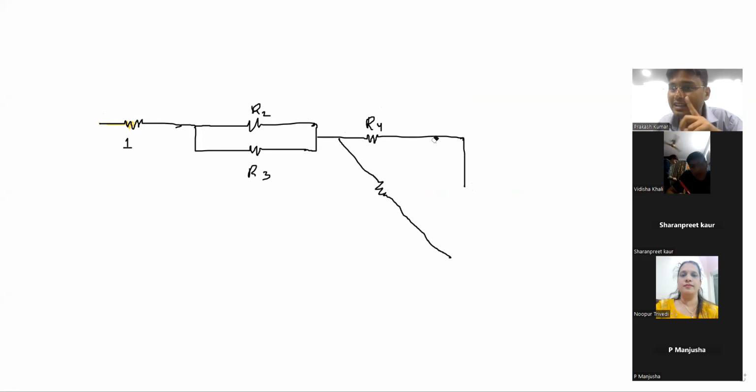The point is where current can divide into branches, it will be parallel, right? All of you remember this thing, right? So who will come forward to tell me which one is in series, which one is in parallel?